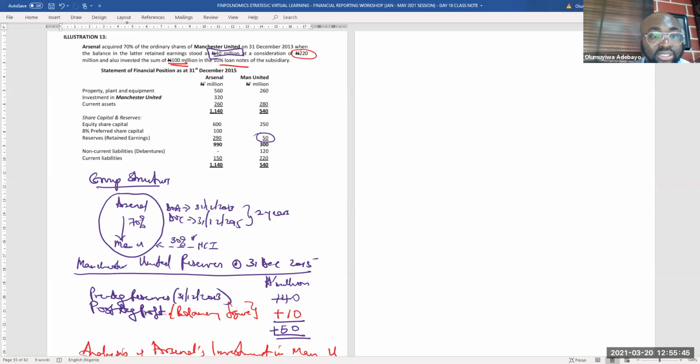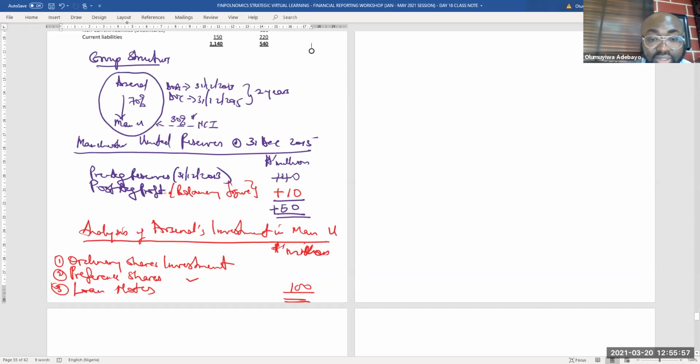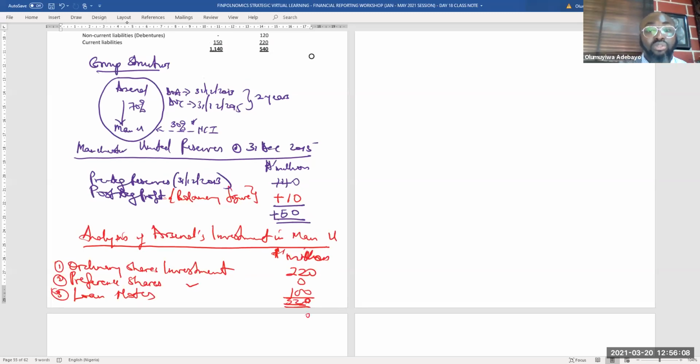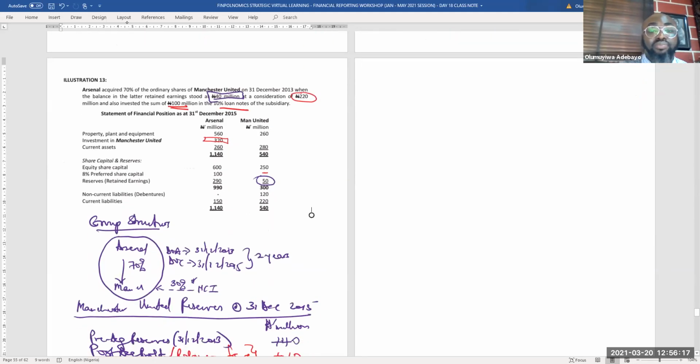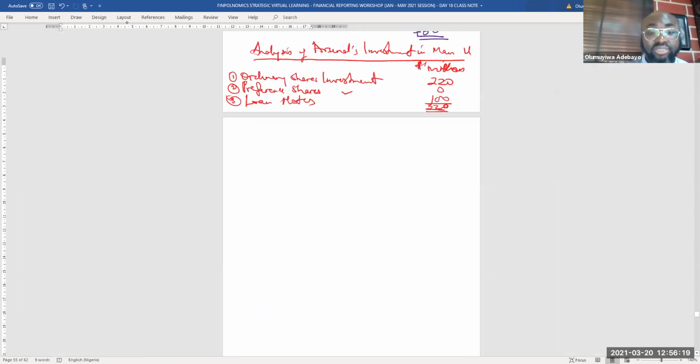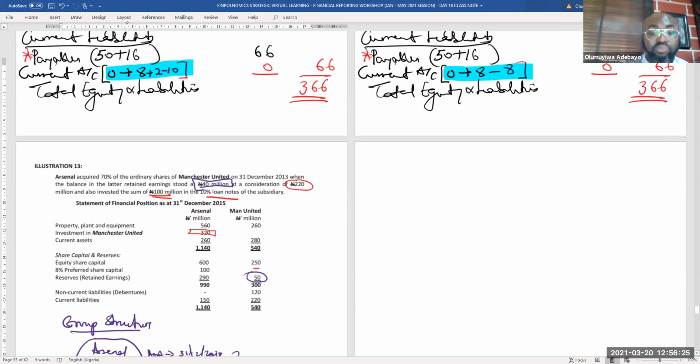But what is shown here is 320, and this 320 is analyzed as follows: 220 in ordinary shares, nothing in preference shares, and 100 in loan notes. That's how we arrive at 320. The subsidiary has no preference share capital, nil. Therefore, there's no investment in that. That is our 320.